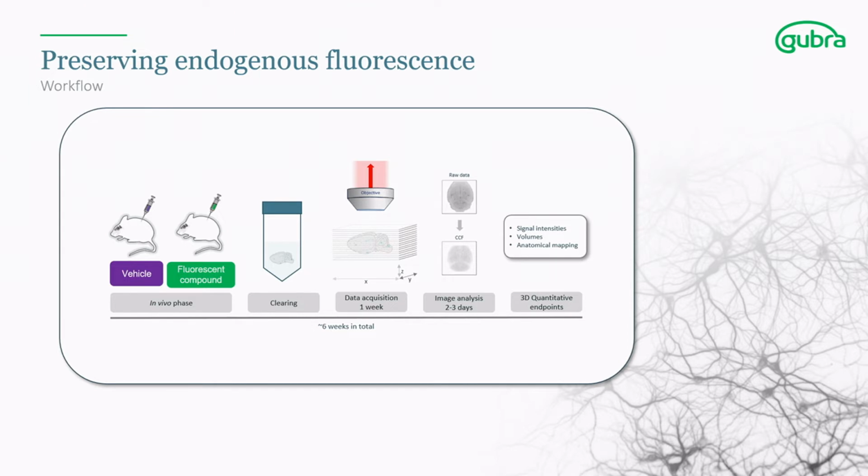After that, we render the brain clear. We avoid any type of photobleaching to preserve the signal injected in vivo. And after the organ is clear, we typically use DBE. Then we run it through the microscope, we perform the image analysis, and the result is a quantifiable signal intensity or volume per brain area.